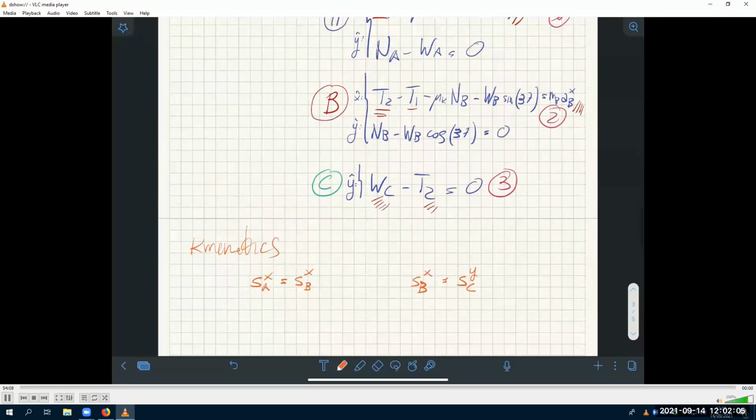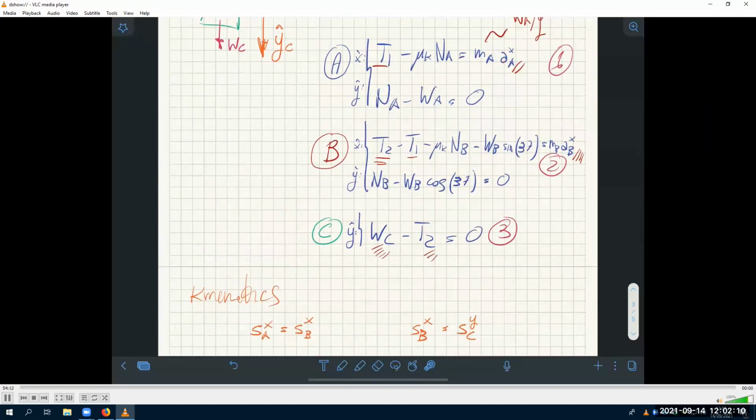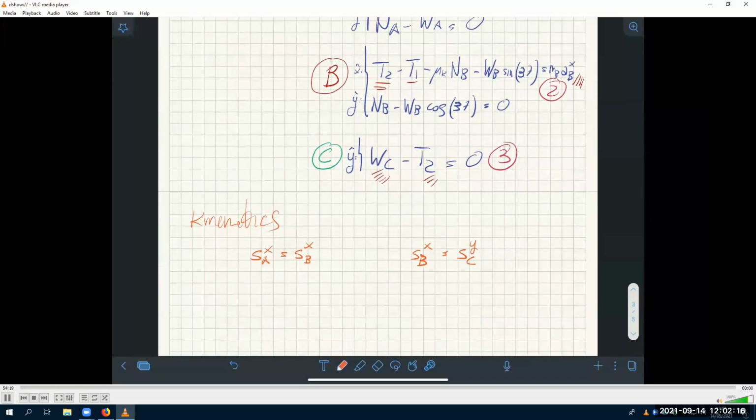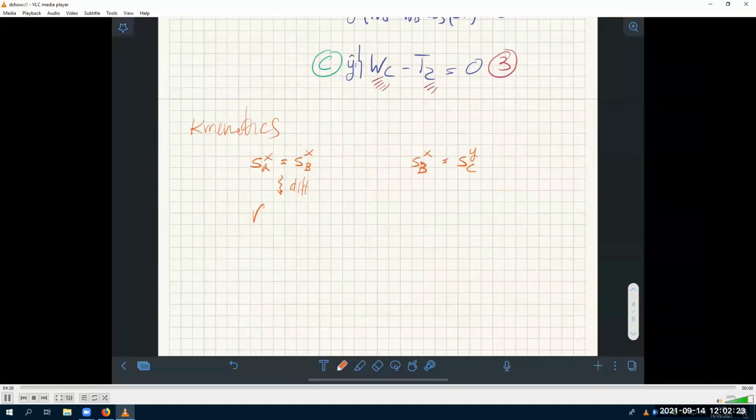Now, these are still unknown. So our unknowns are AAX and ABX. We can differentiate once here, and we get the velocity of A in X is the same as the velocity of B in X. And differentiate one more time, the acceleration of A in X equals the acceleration of B in X. And I do the same for this and this.